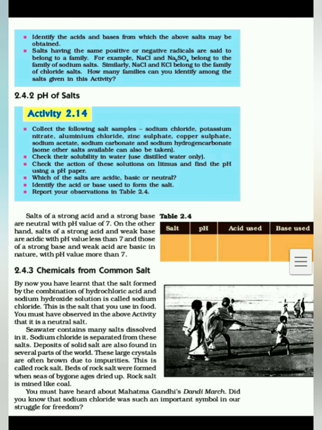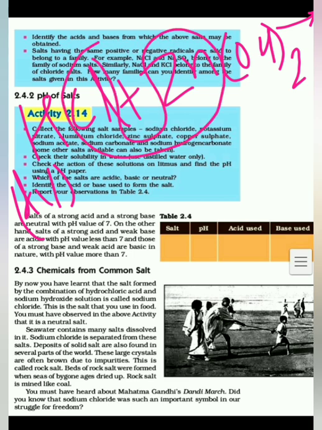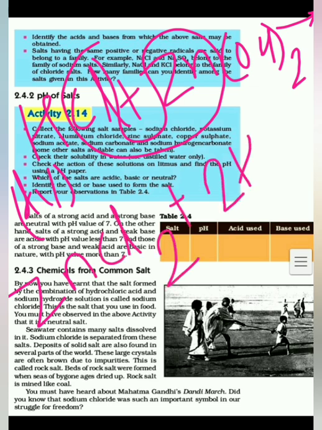We will take an example, such as when HCl, obviously dilute HCl, reacts with zinc hydroxide, Zn(OH)2, it will give us, by double displacement reaction, zinc chloride, ZnCl2, plus 2H2O.